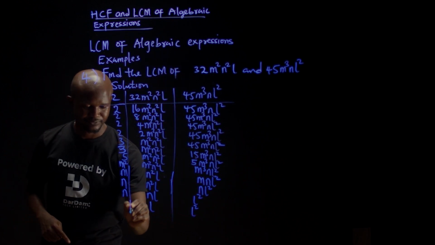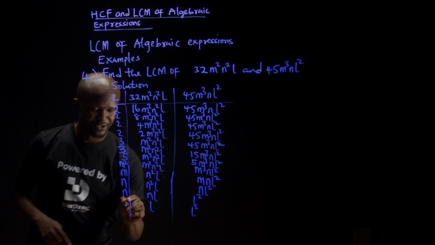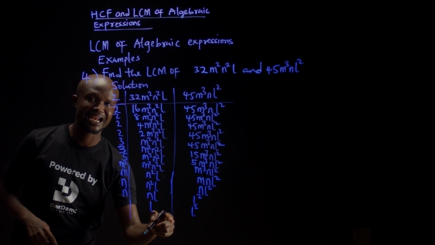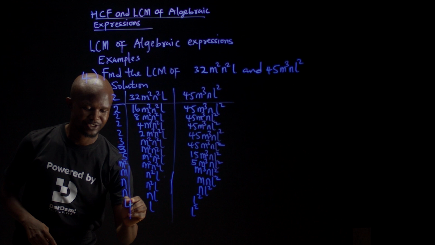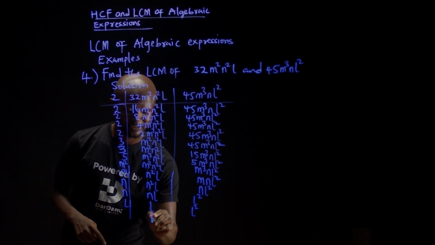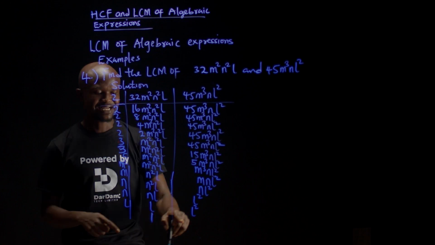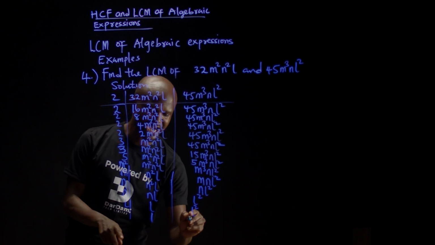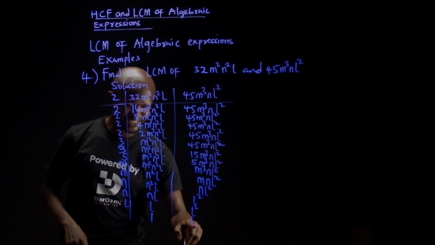Now we are going to use L. That's the next thing to do. L divided by L is 1, and L² divided by L is L. We still have L here.